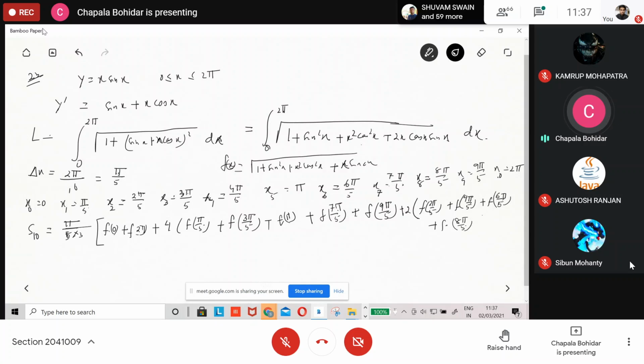With the calculator, find the value up to 6 decimal places.